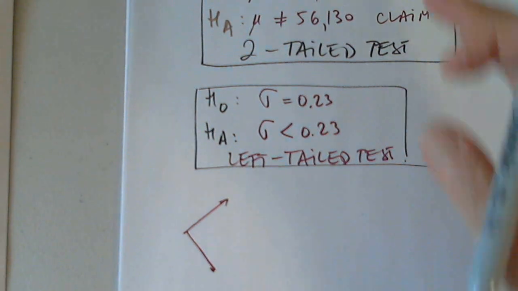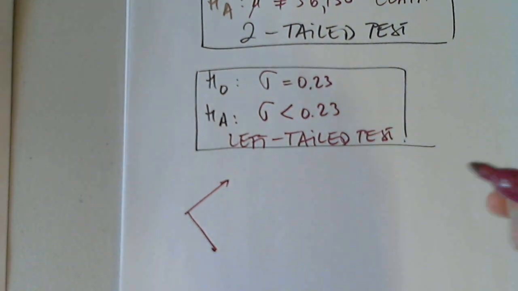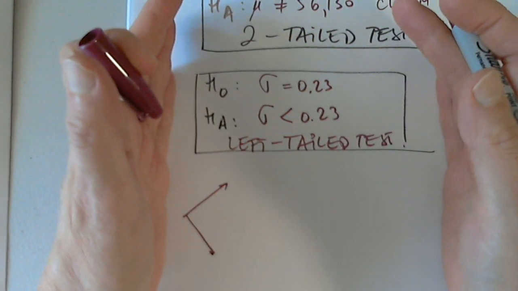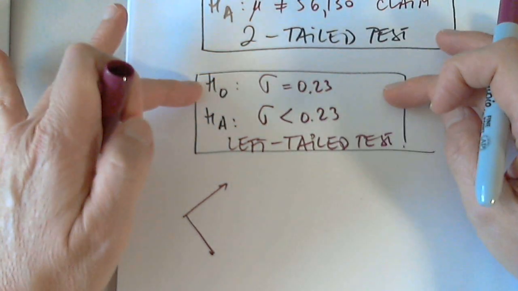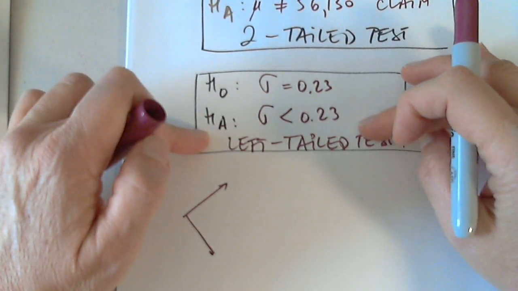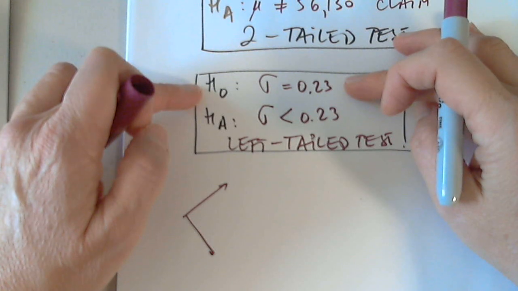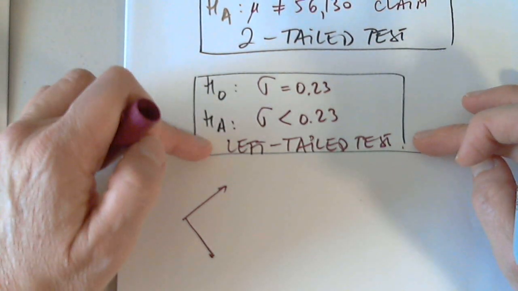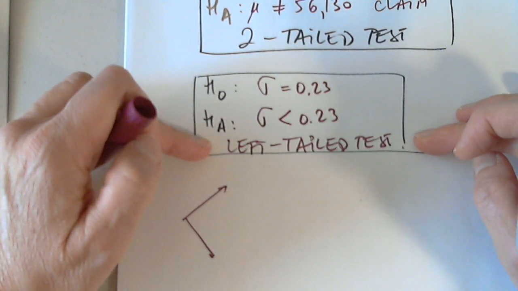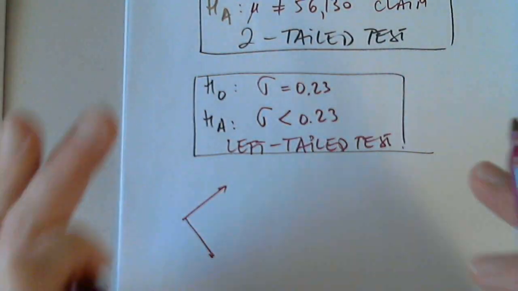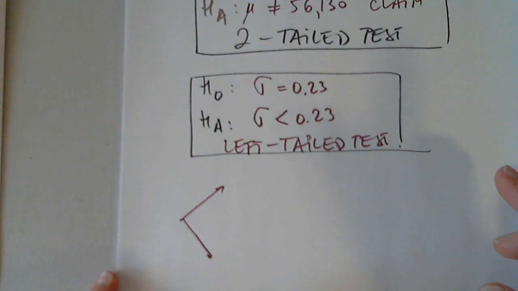After I conduct the test, this is not the test, this is just the beginning. I establish the claim, the alternative hypothesis, the null hypothesis, and what type of test I'm going to conduct. There is a lot of work for conducting the test, but assuming we completed it.